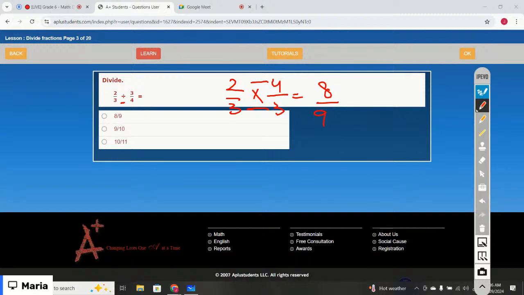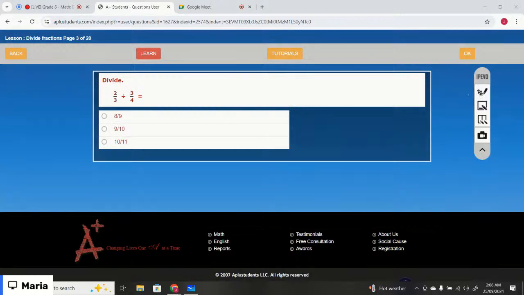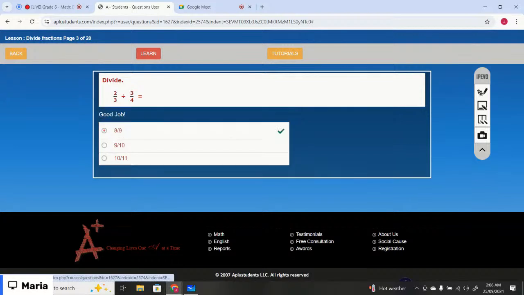The correct option is 8 over 9. Option number 1 is the correct option, that is 8 over 9.